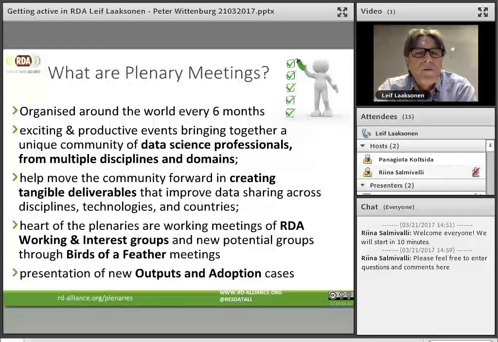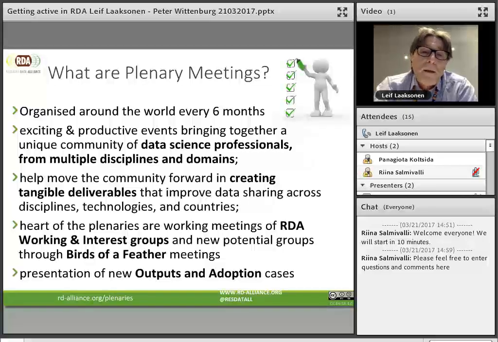So far, we haven't really been too successful because all of the plenaries have been either in Europe or US, but I think it will be extended. In fact, we had one in Japan. I was wrong. So we have spread it a bit around the globe, but not that efficiently because there are still parts of the globe which I think would deserve a plenary as well.